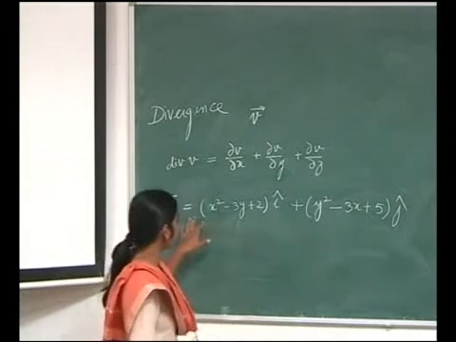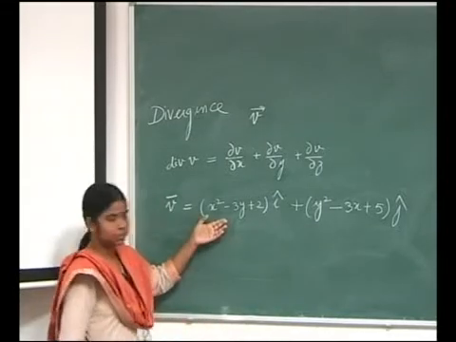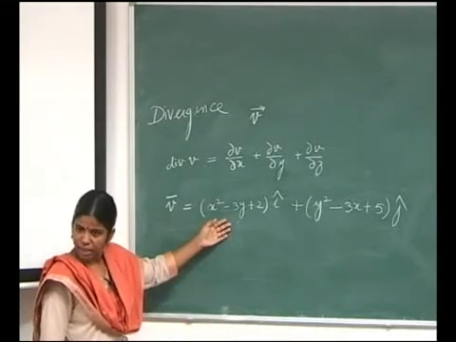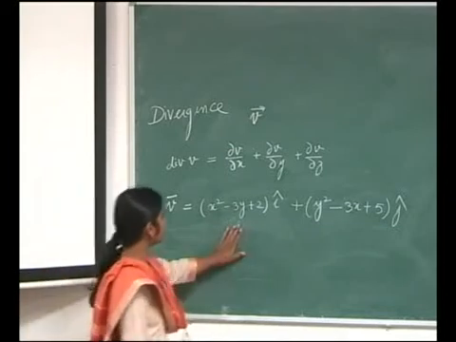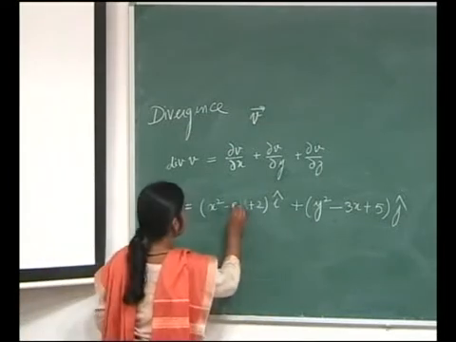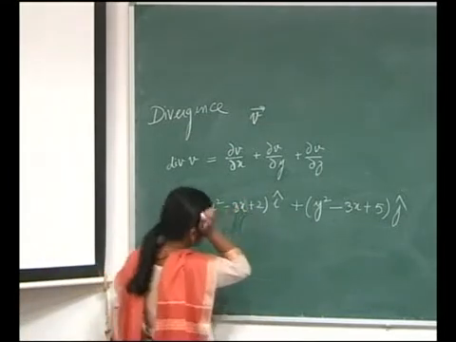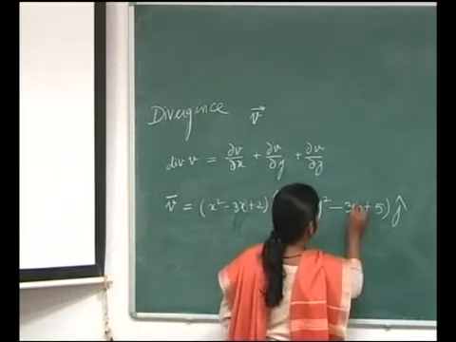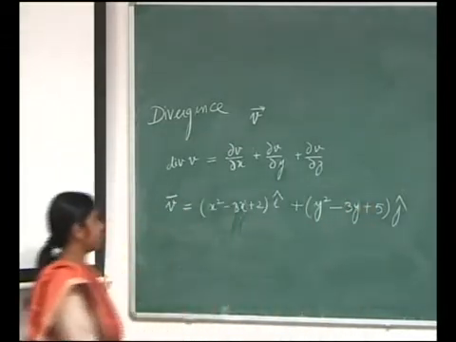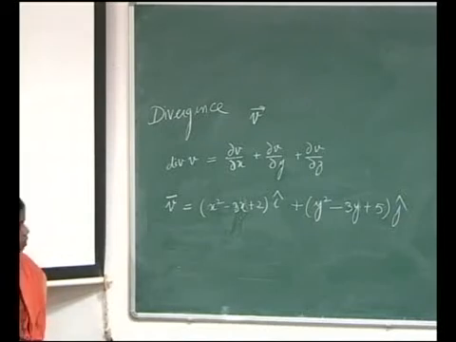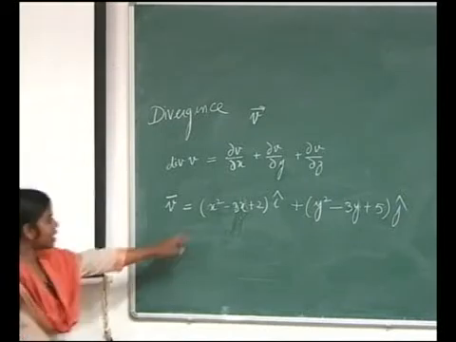So I will differentiate these two terms with respect to x and y. To make it a little simpler, to understand it better, let us have only x and y terms here. So what do I get here?